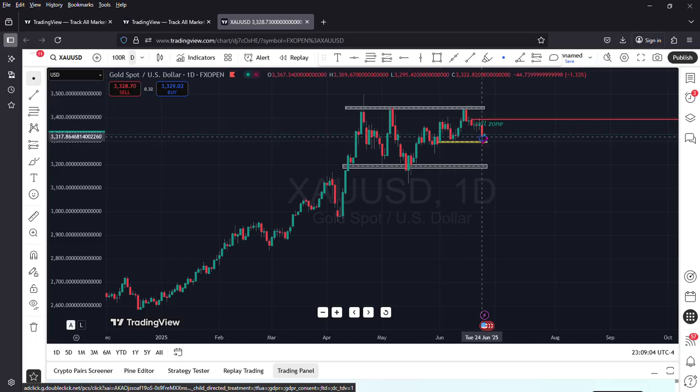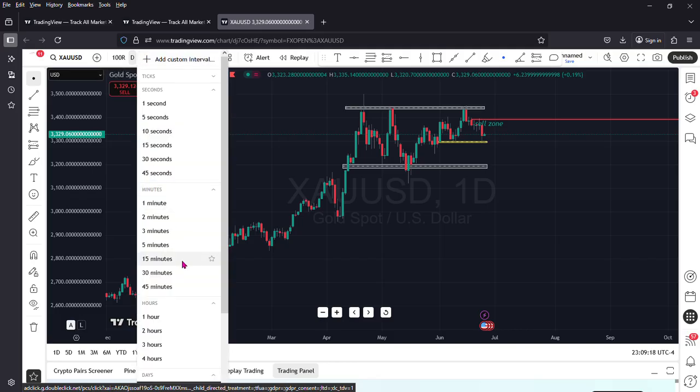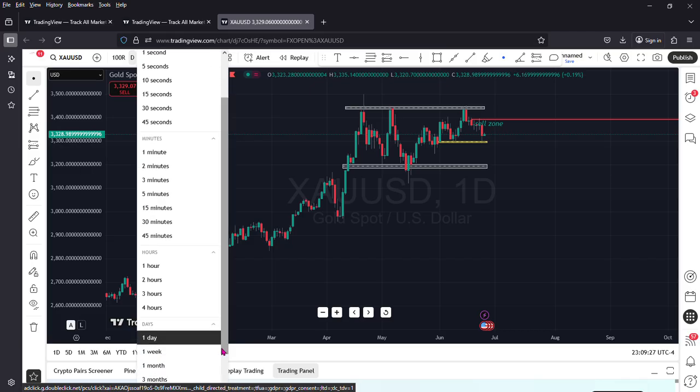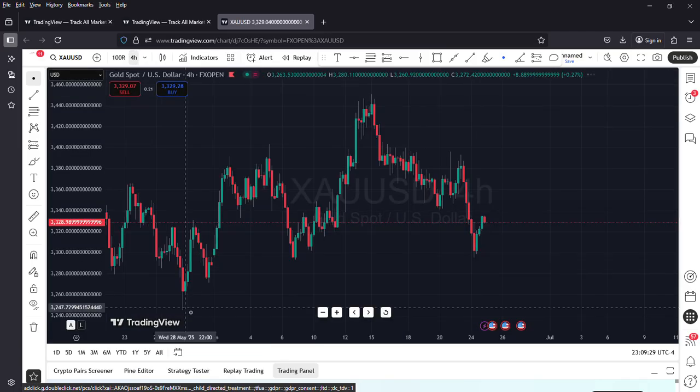So if we go down to lower time frame, we can see that the market is not in a range, but inside this range the market is on a bearish move for some hours of today.